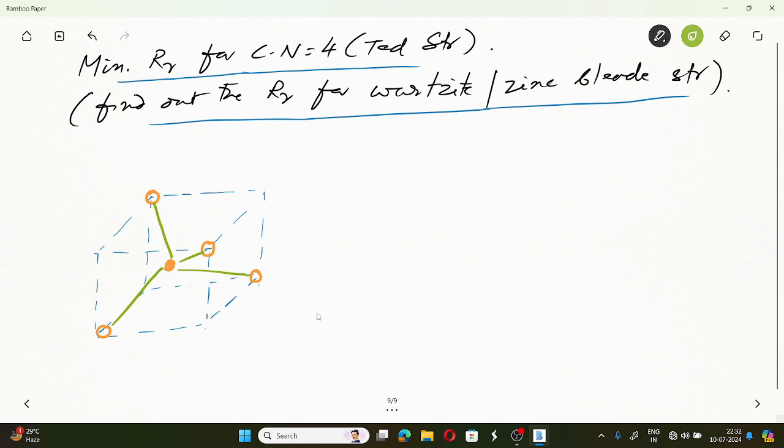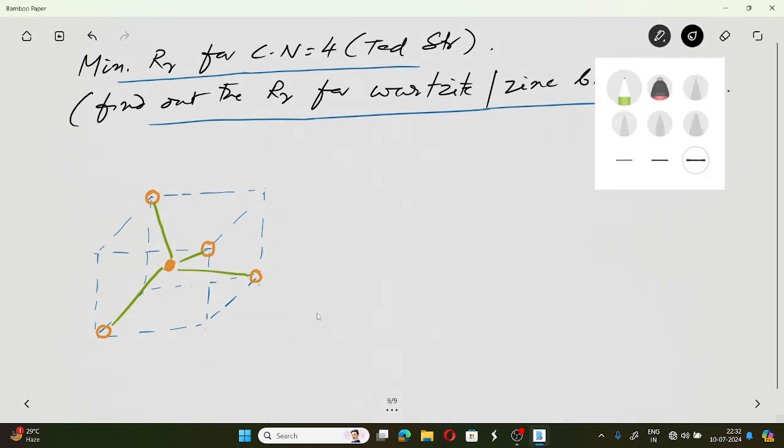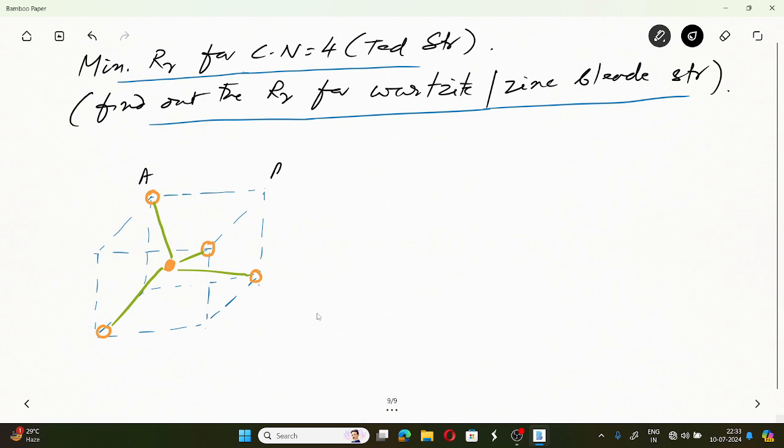See, first of all, minimum radius ratio. First of all, look carefully. Suppose this is A, B, C, and D. Now, if you look at this square face ABCD, see, there is an anion here and another anion which is just in the diagonally opposite corner.